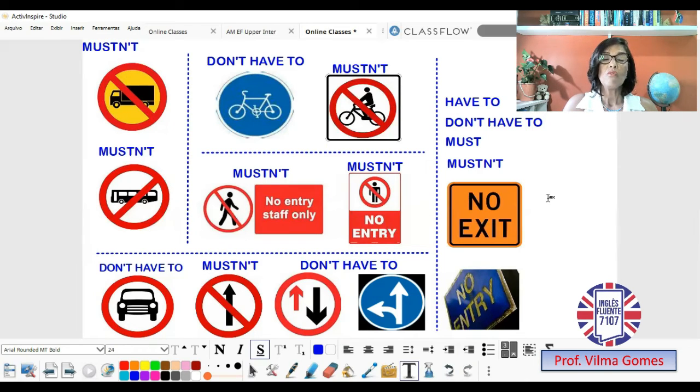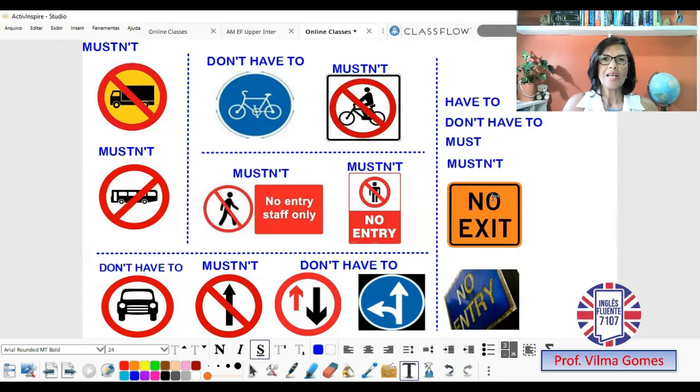It can also be the verb exit, porque também é um verbo. Quer dizer saída e também quer dizer o verbo sair. Então, quando a gente se depara com esse sinal, no exit, você está dentro de um prédio, dentro de um shopping, e aí você está procurando pela saída. De repente você verifica uma porta grande.